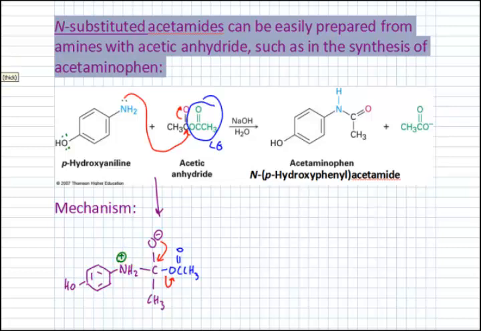So let's draw the immediate product here. HO, benzene, NH2 plus, C double bond O, CH3.